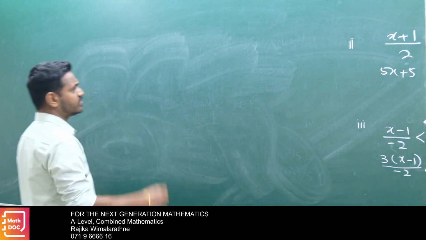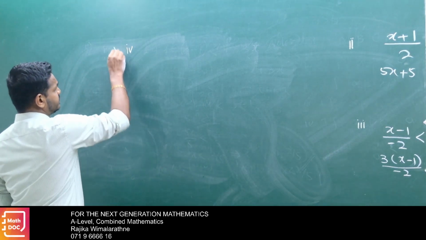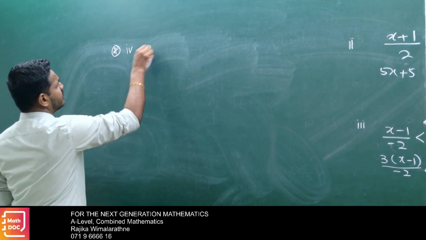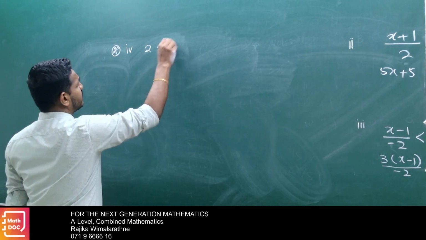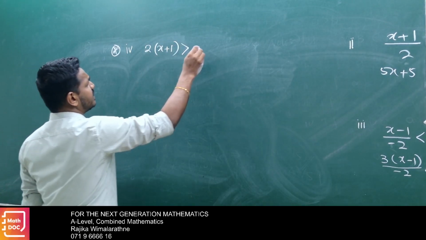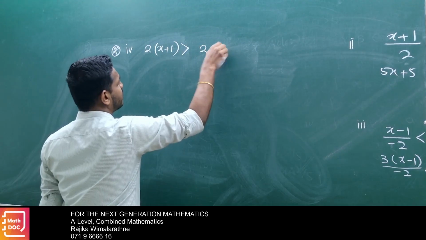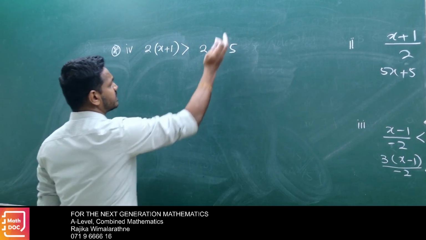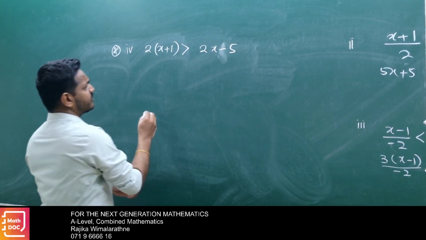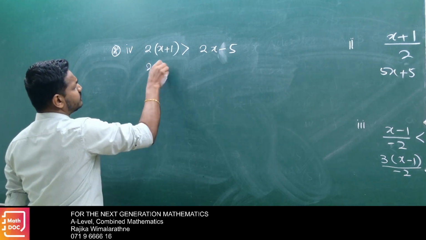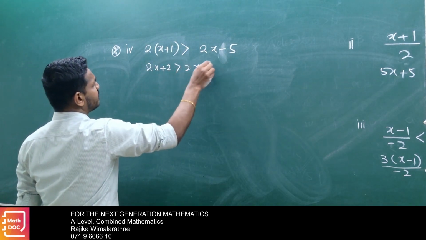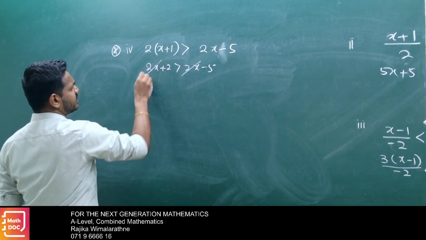Okay, fourth one. So this is somewhat special. 2x plus 1 greater than 2x minus 5. See this? Here 2x plus 2 greater than 2x minus 5. You can cancel 2x now.